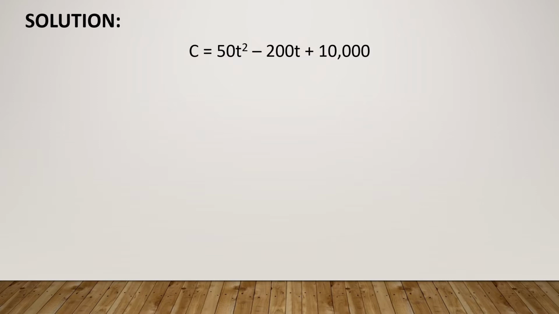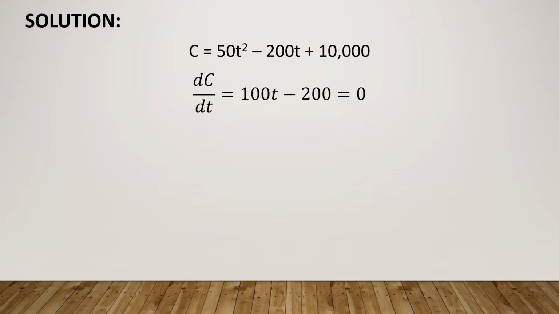First thing to do, we need to get the derivative of this given cost equation for us to get the value of t. Now, let's take the derivative of this cost equation.